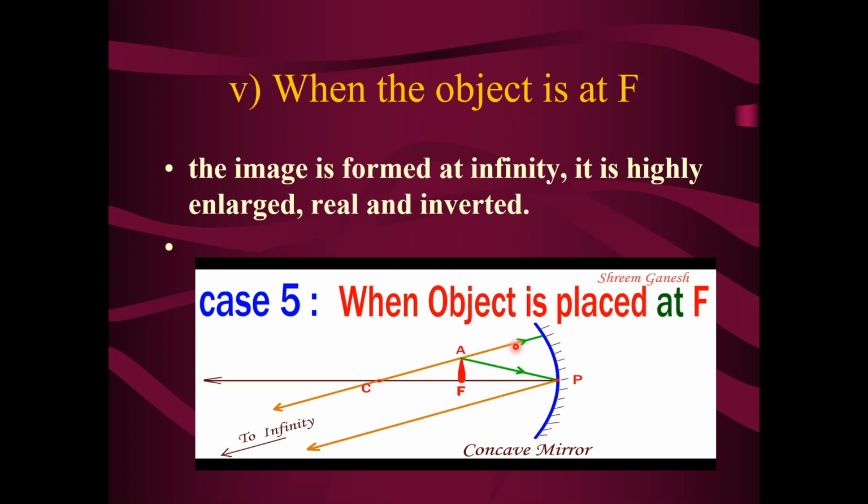So it will retrace its path. So अब इसको extend जब करेंगे, you will find that they will meet somewhere at infinity here, out of the board. It means it is forming at infinity. Where is the image formed? At infinity, which is highly enlarged, real and inverted.